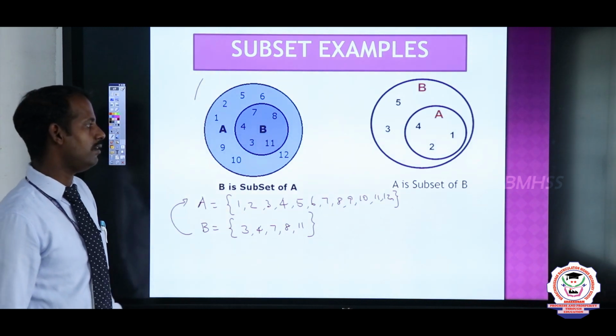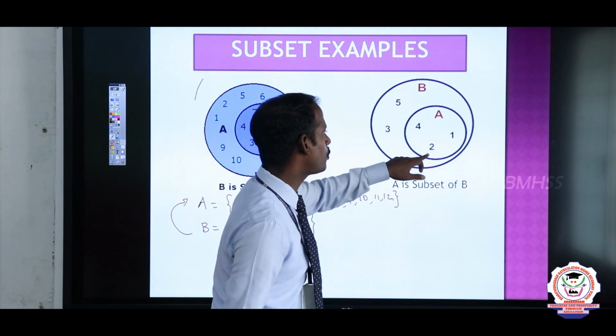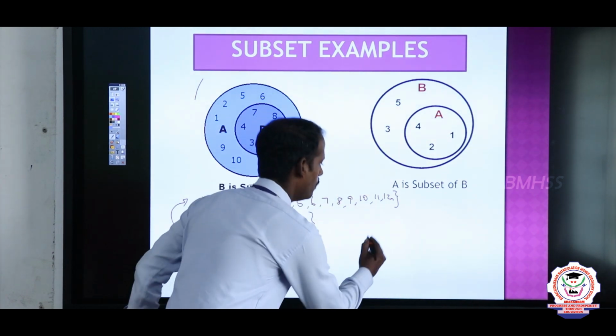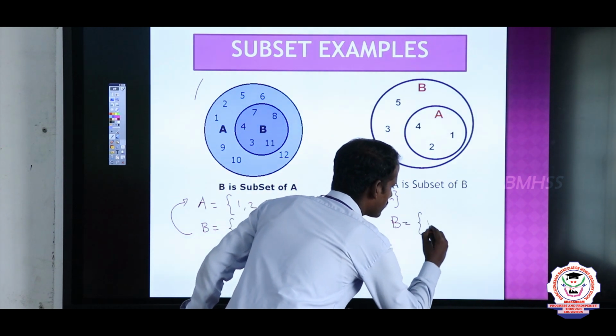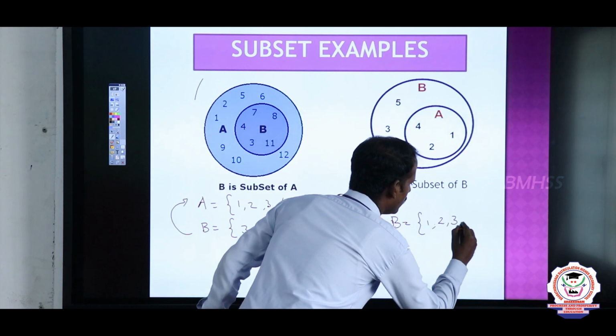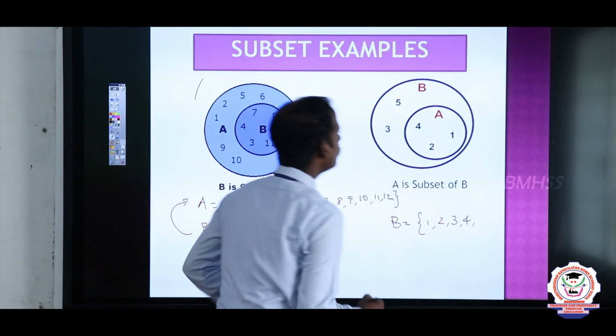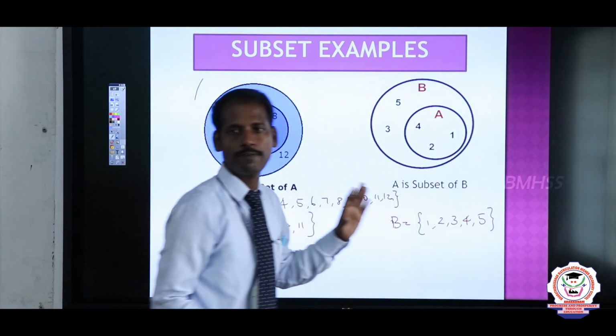Then another example. Here set B is {1, 2, 3, 4, 5}. How many elements? 5 elements.